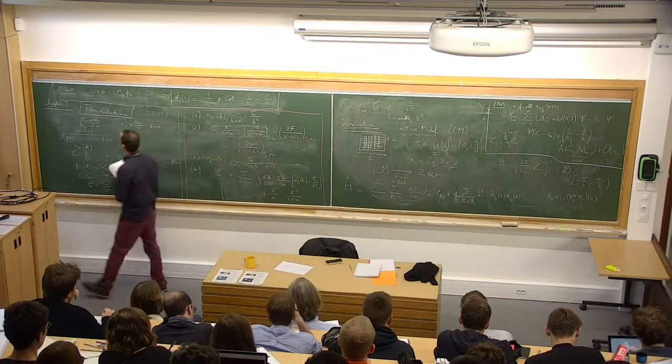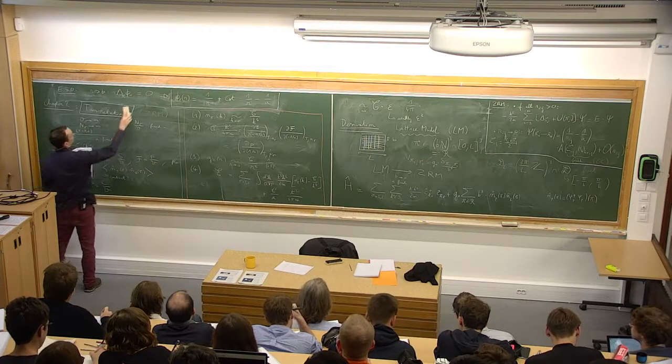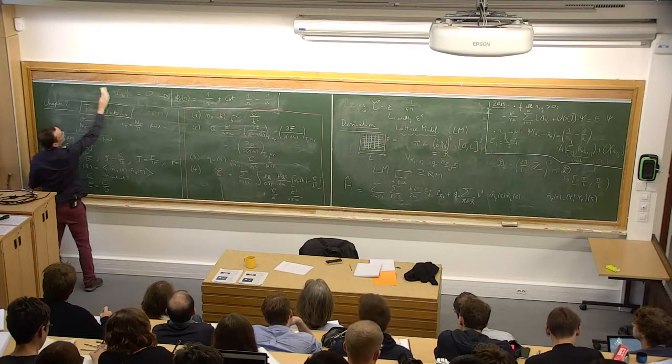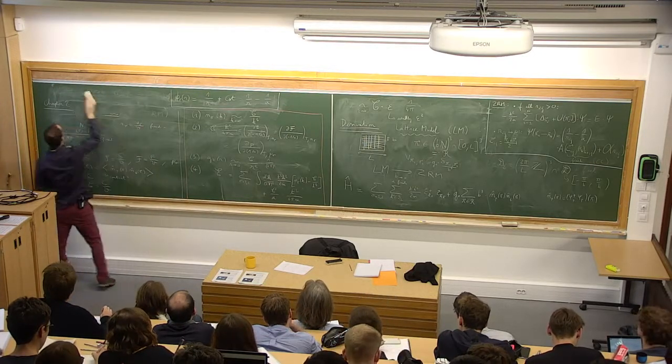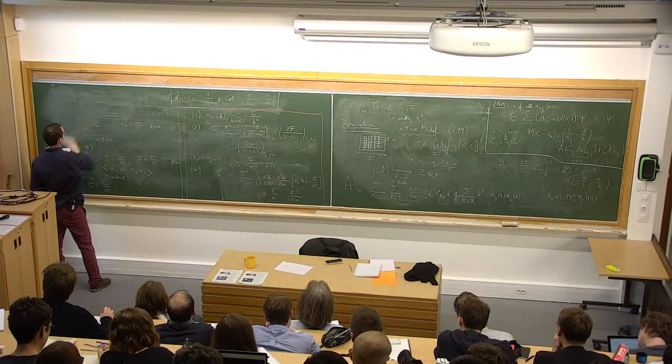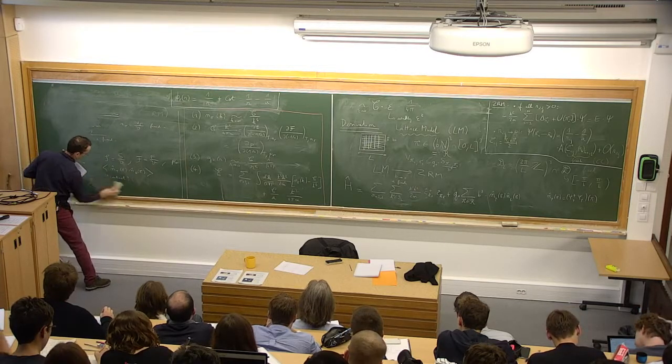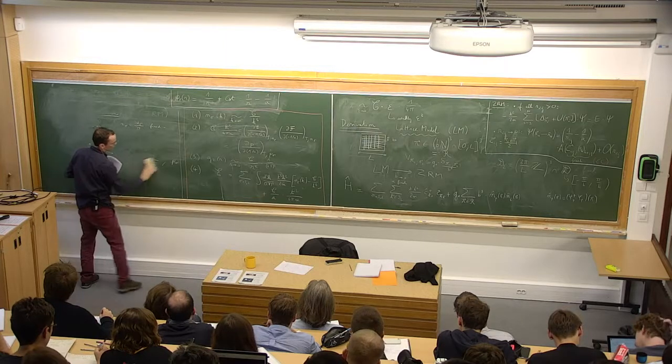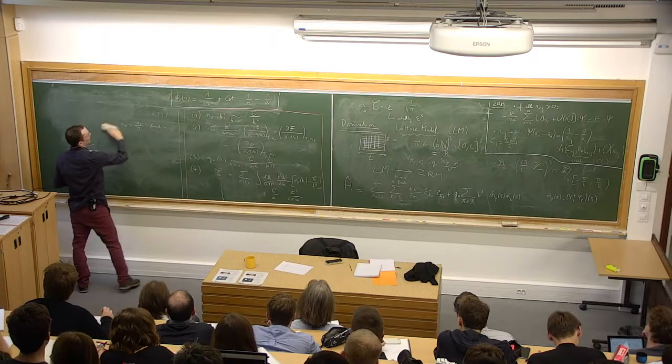Now there is a little exercise to do, and I will not do it here. But you have to solve the two-body problem on the lattice. So you have to look for the two-body scattering states on the lattice.